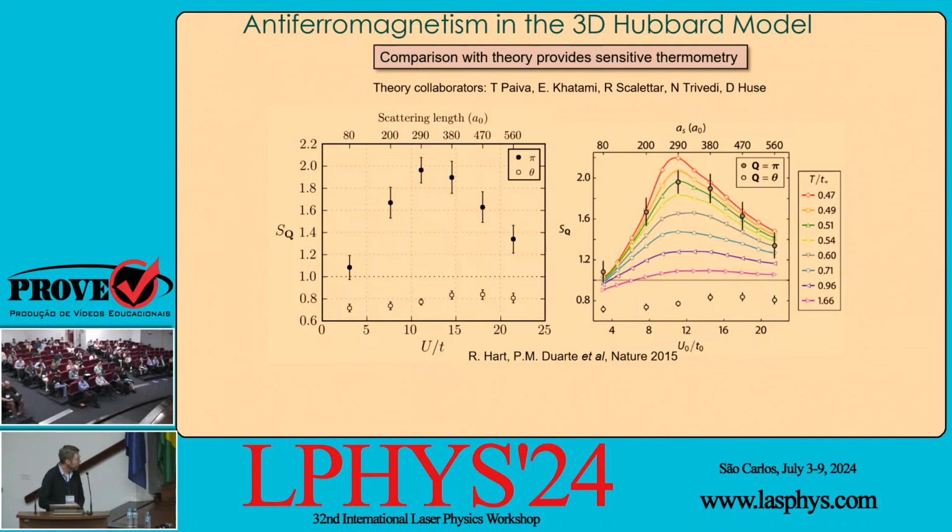Now, that works pretty well, otherwise we wouldn't have done this. But recently, Jian-Wei Pan at USTC in Hefei, China, has succeeded in using this kind of geometry and this detection method to get much, much colder.